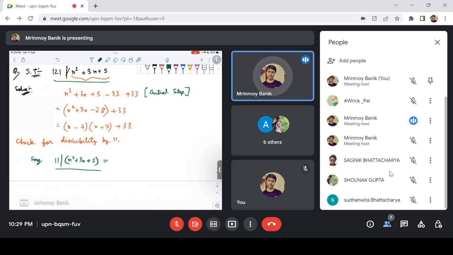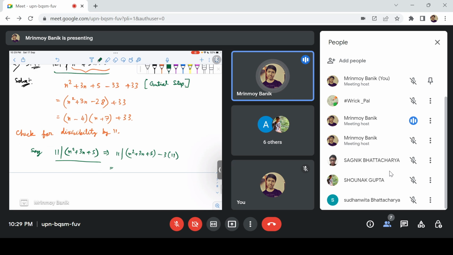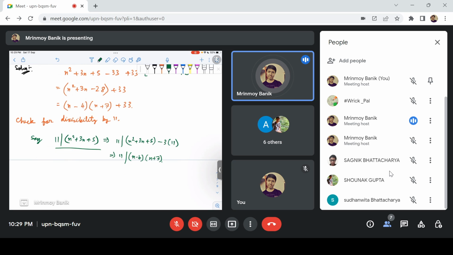So that would imply 11 divides n squared plus 3n plus 5 minus 33, minus 3 times 11. So that implies 11 divides the product of n minus 4 and n plus 7.